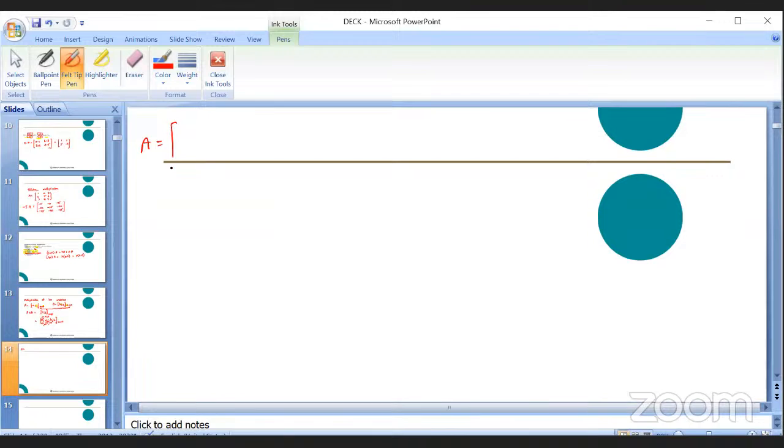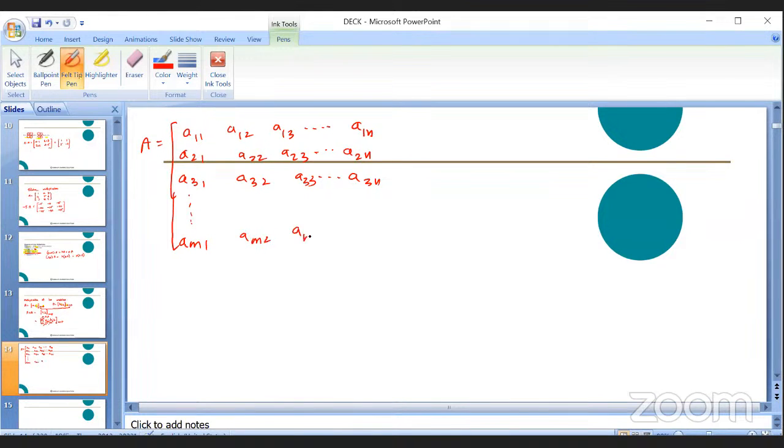For example, in A, you will have A11, A12, A13 up to A1n. A21, A22, A23 up to A2n. A31, A32, A33 up to A3n. And so on, Am1, Am2, Am3 up to Amn. There are m rows, n columns.